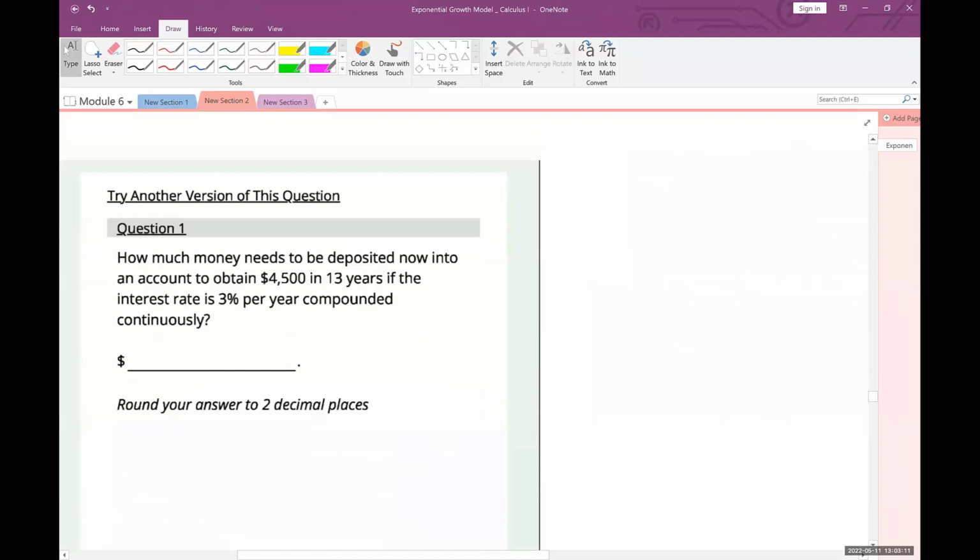How much needs to be deposited now into an account to obtain $4,500 in 13 years if the interest rate is 3% per year compounded continuously? So same thing, same formula. The amount equals principal times e to the RT. What's the amount that we want to have? What's our target? 4,500. What's our current amount?